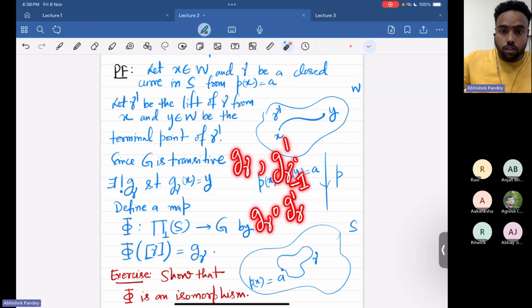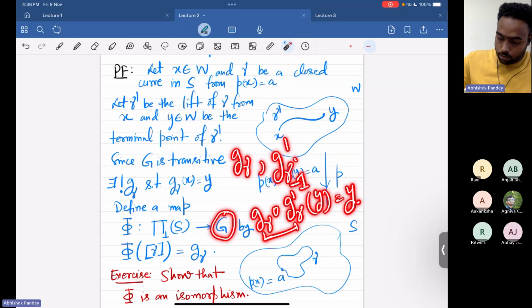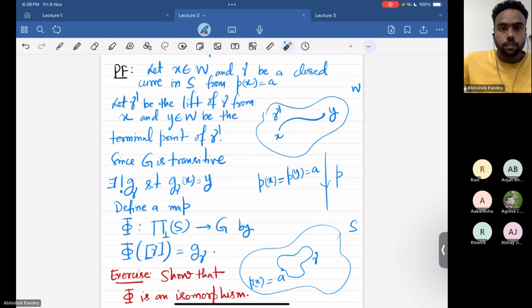For this composition, Y will be a fixed point. And since this group G is a free group, this has to be identity. So basically, they are the same. So these two were the doubts, and it will be there in the updated notes.